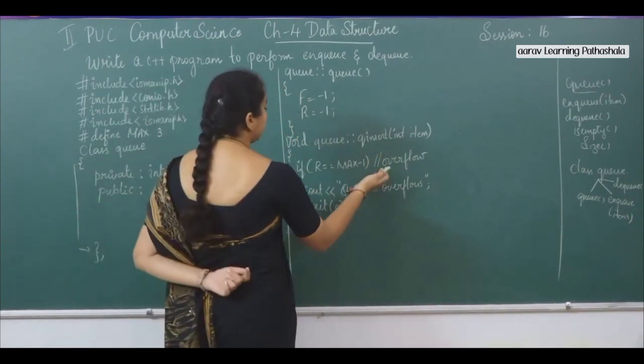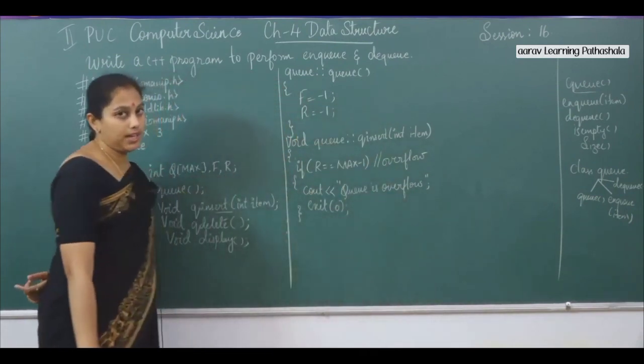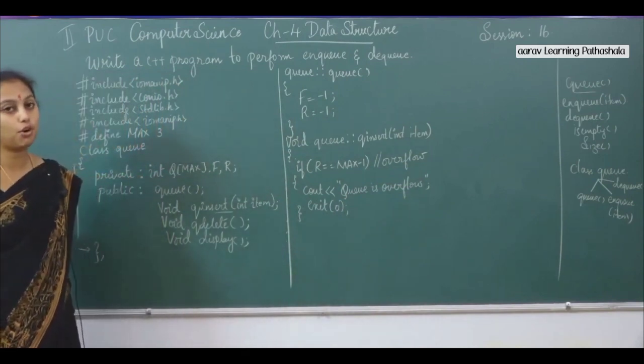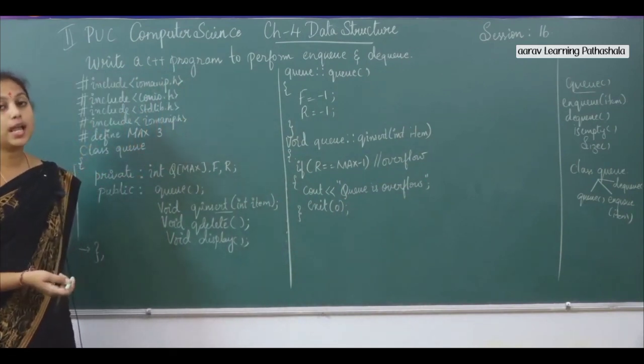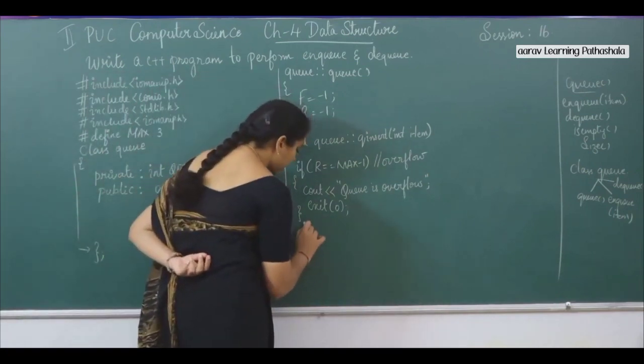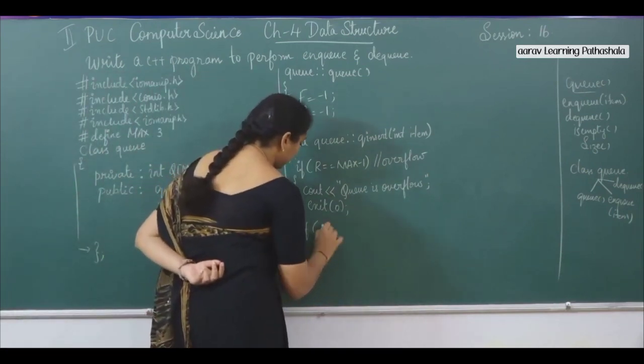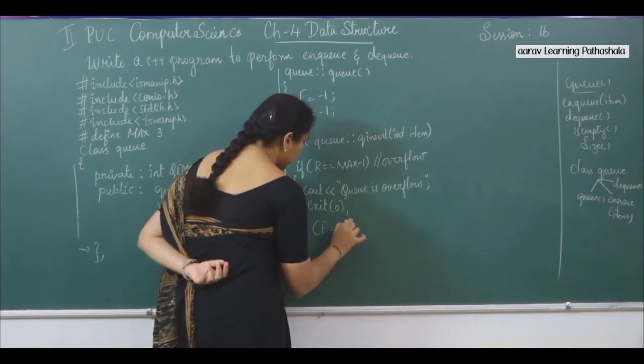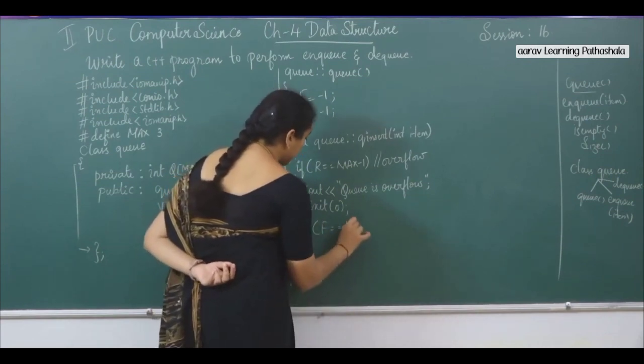If the queue is not in overflow state, then we have to check whether the queue is empty or not. So how to check?